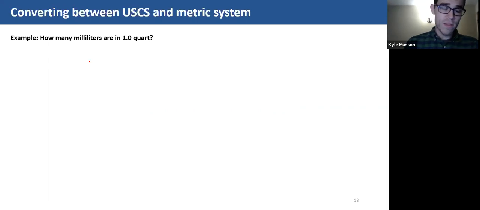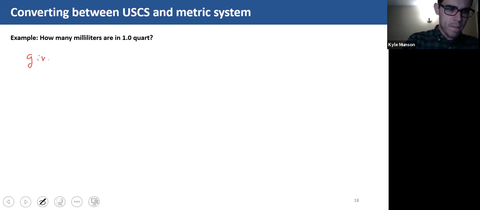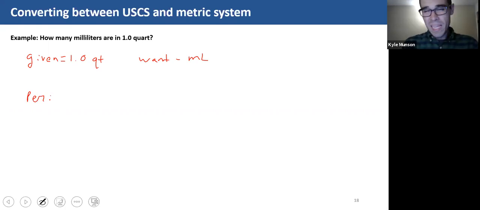Well, again, we're going to do this using dimensional analysis. So we're given 1.0 quarts, and we want milliliters, right? So our per expressions, this is a little bit more complicated in this example. In that table, there's not a conversion between quarts and milliliters, but I do know a conversion between quarts and gallons.